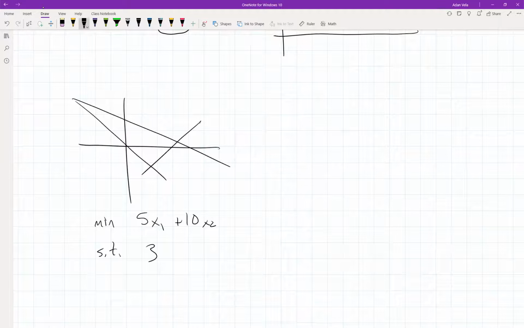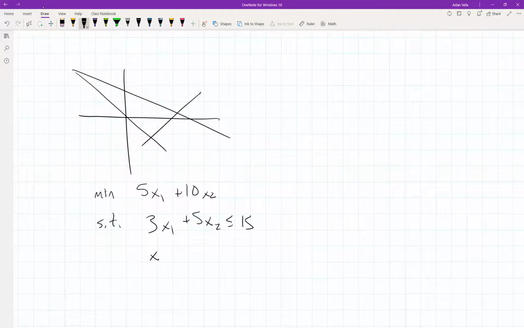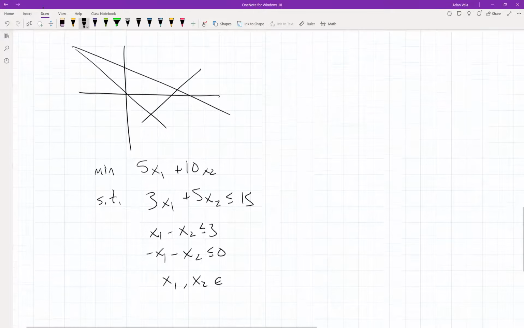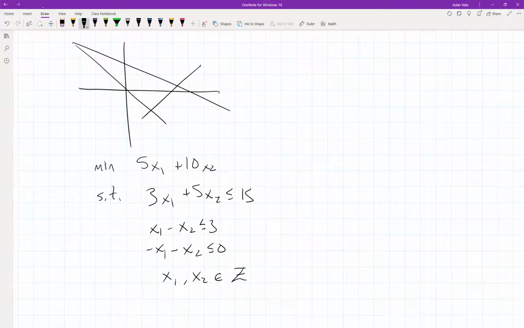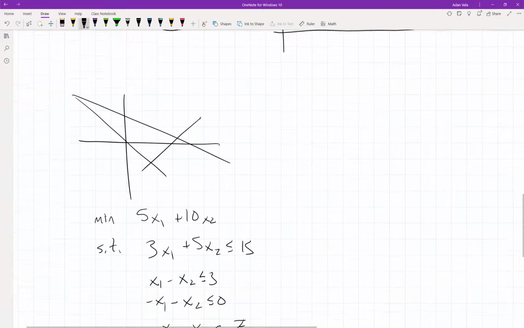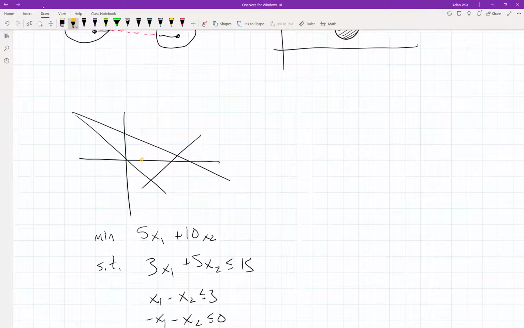So we might have 3x1 plus 5x2 is less than or equal to 15. x1 minus x2 is less than or equal to 3. And finally, x1 minus x2 is less than or equal to 0. But we're going to add one more constraint where x1 and x2, instead of being real numbers, have to be integers. So that means our only feasible points are those that are integer values.